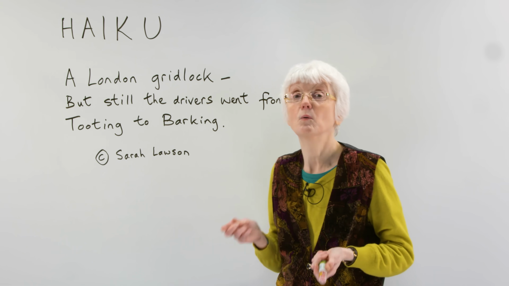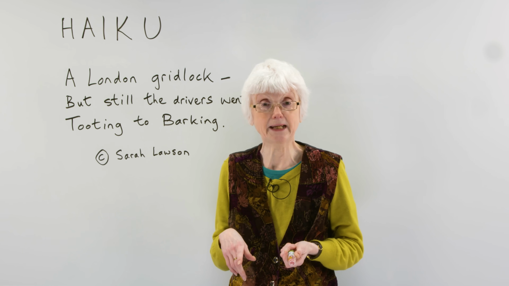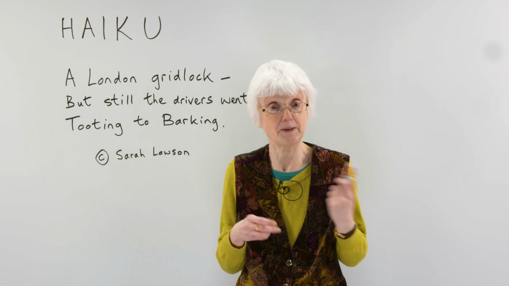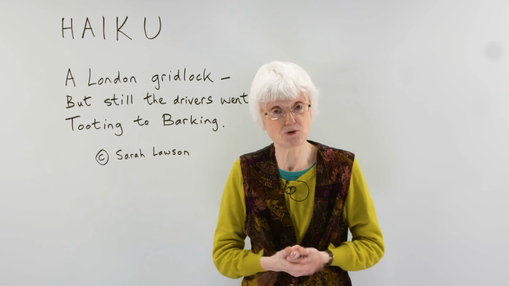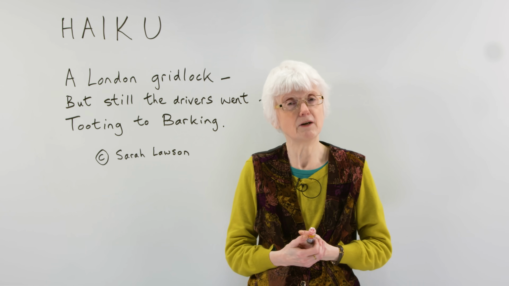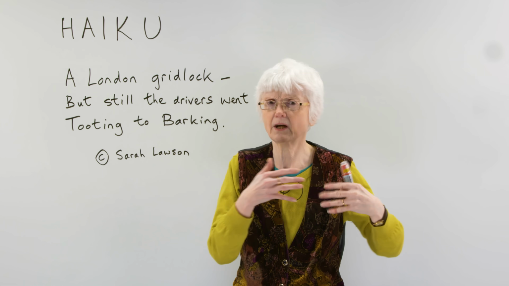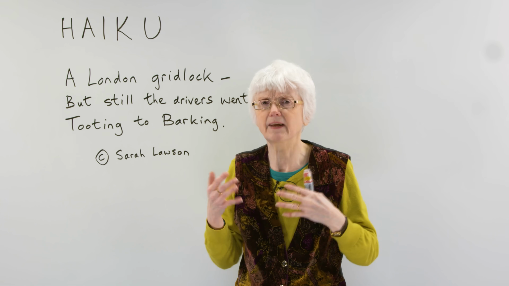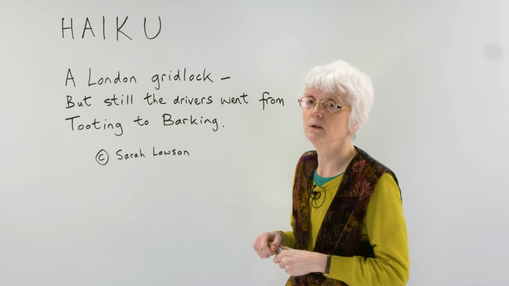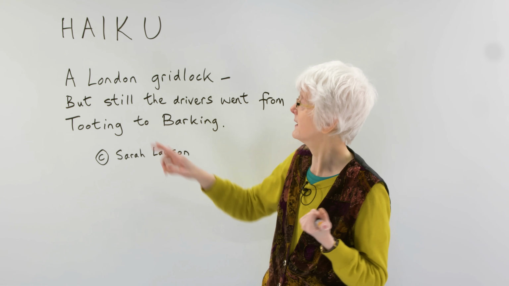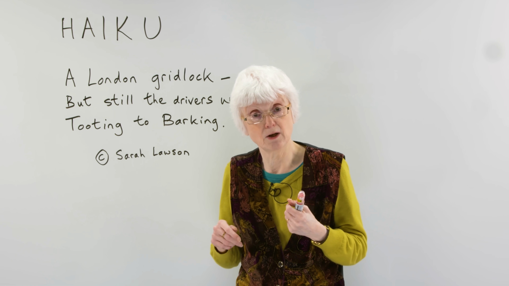So anyway, we're in London here filming, and London is a big city with a lot of traffic. And there are often traffic jams, very slow. The cars can't move very quickly, they get stuck. So, the first line, a London gridlock.